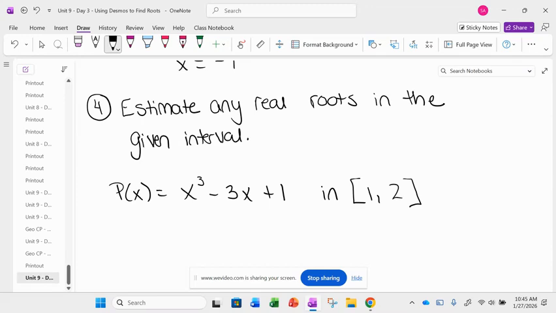No, I'm looking for the roots just in the interval from 1 to 2. Now, when I give you this interval from 1 to 2, is it the domain on the x-axis that I'm giving you, or is it the range on the y-axis that I'm giving you? Charlie? Good. This is the domain. This is the x-axis.